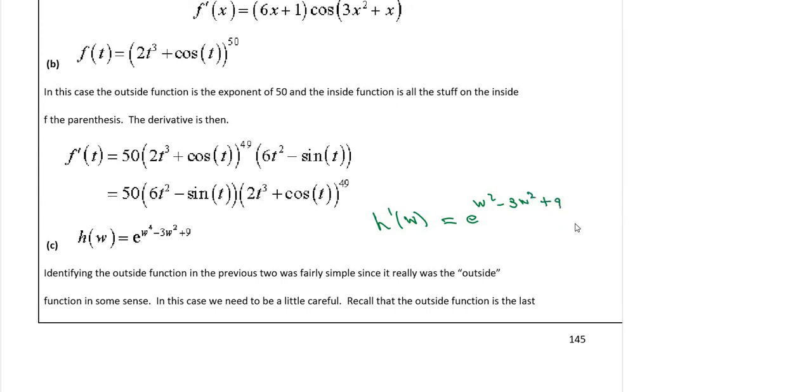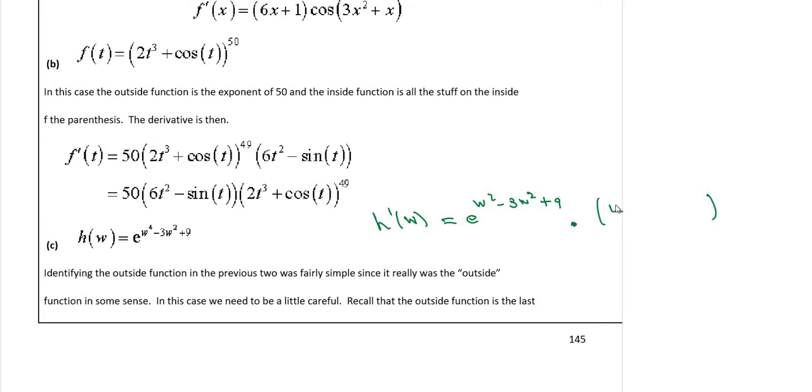Right? Now times the derivative of the inside function. So it's e to the power of w to the 4. Okay, so that's going to be in brackets again, because it's the whole thing times the whole thing.